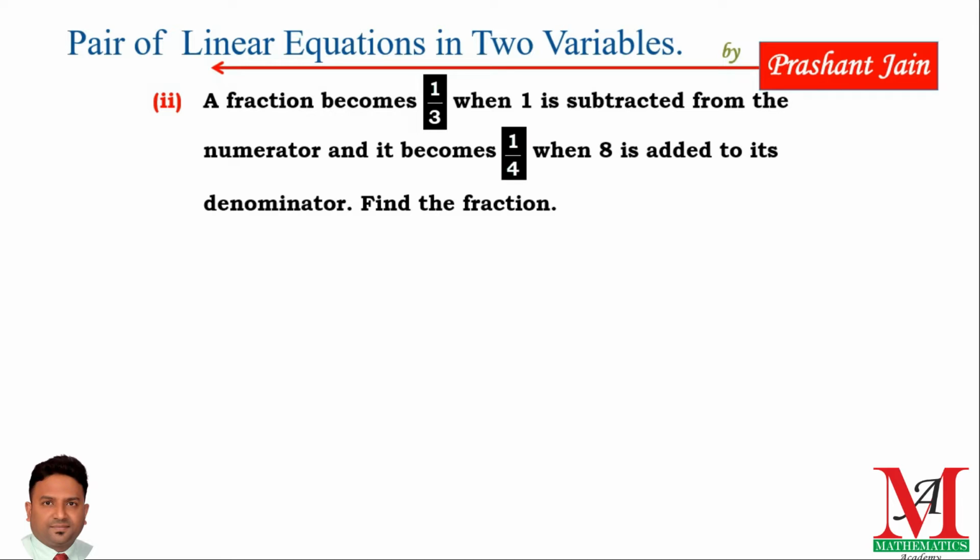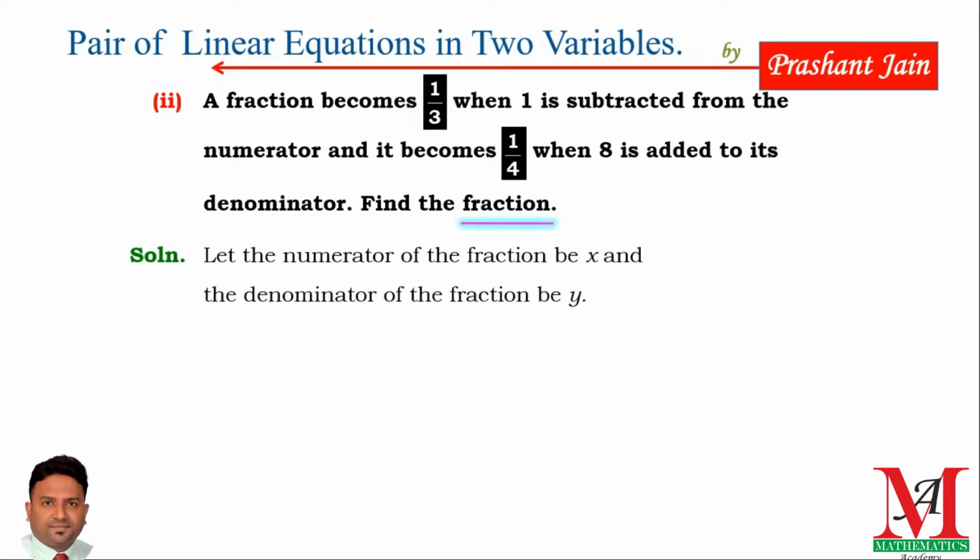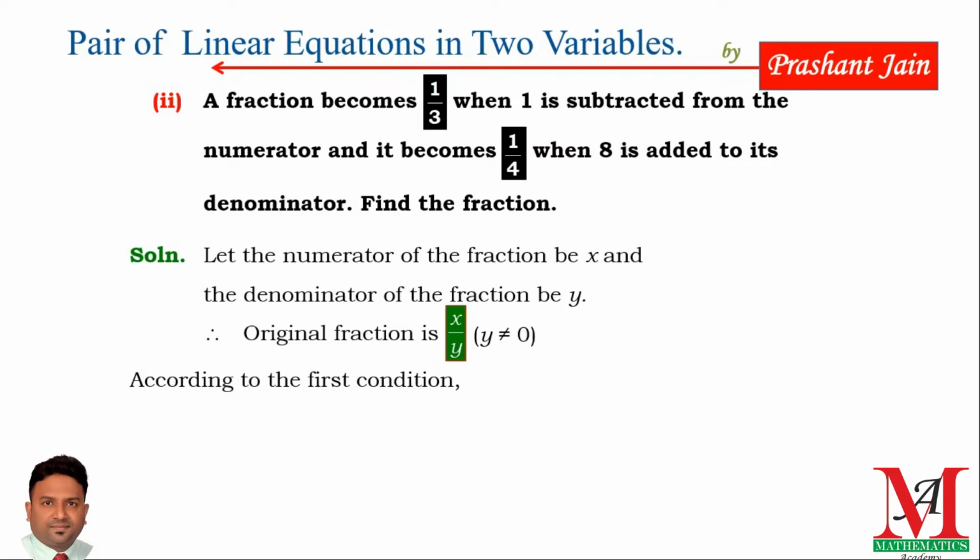In the fraction problem there are two things. The first is the numerator, that will be letter X, and the other is the denominator, that is Y. We know that the fraction is X upon Y, and there is a condition that Y cannot be equal to 0. So now read the first condition.